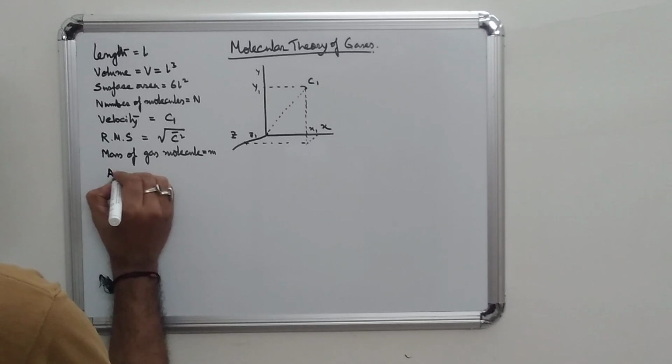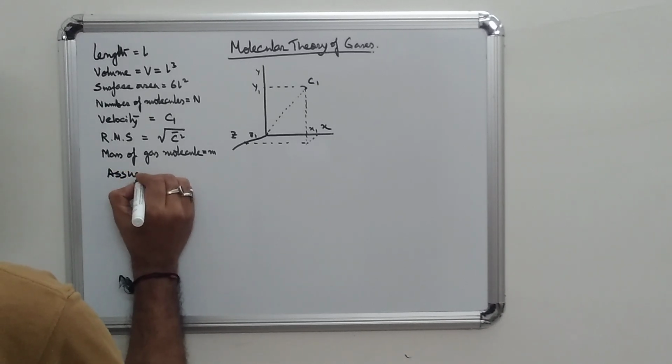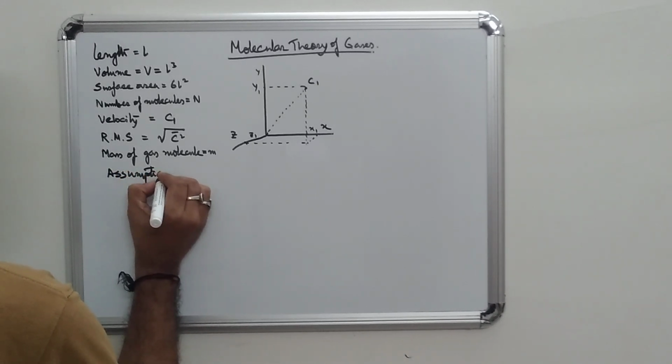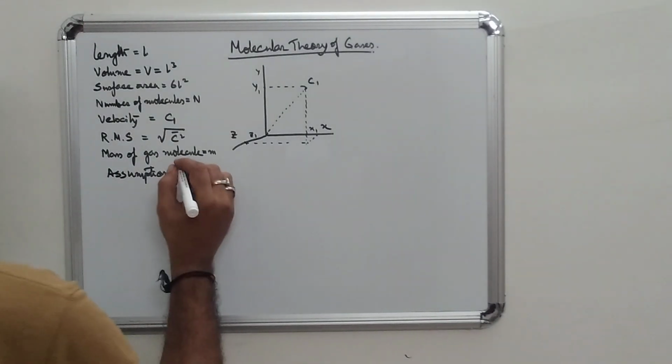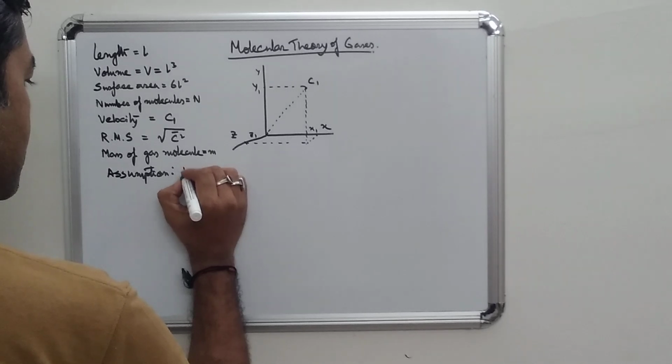Now here is the first assumption, which is very important: each collision is supposed to be perfectly elastic.